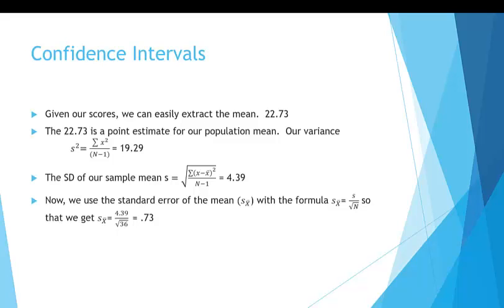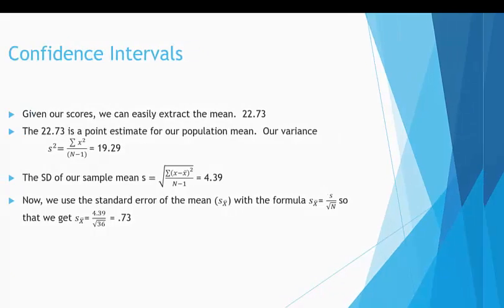So our formula becomes the standard deviation 4.39, and our number of samples here, in other words, the number of individual scores we have, is 36. So 4.39 over the square root of 36 is 0.73. So our standard error is 0.73.